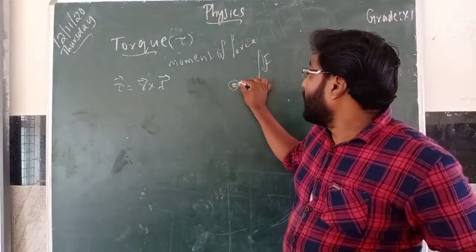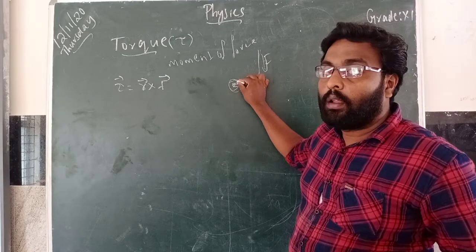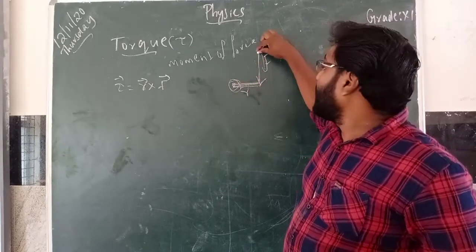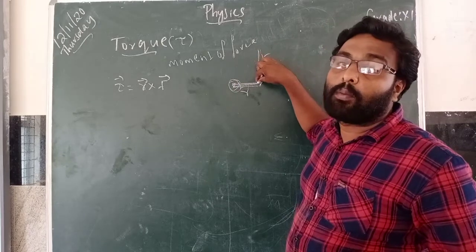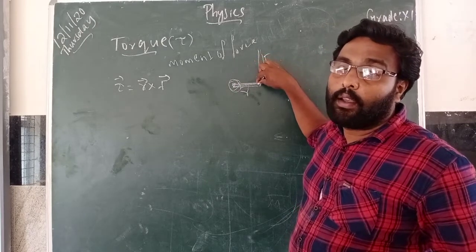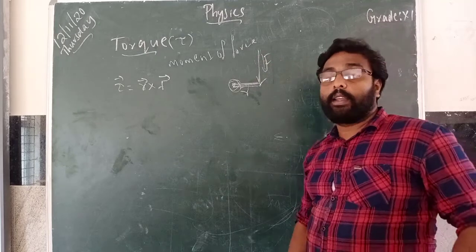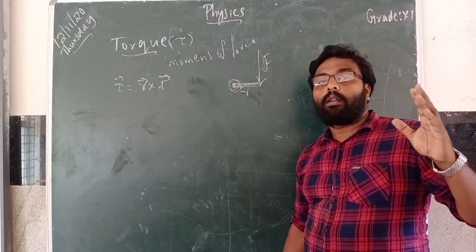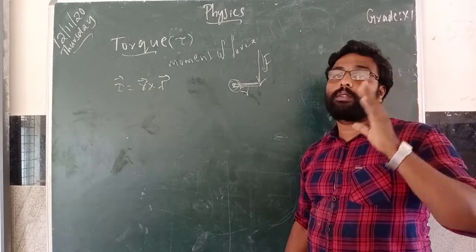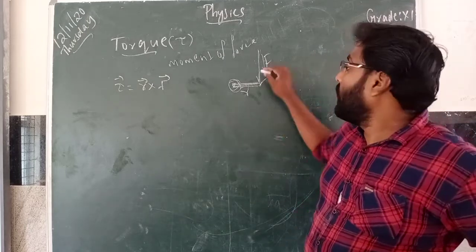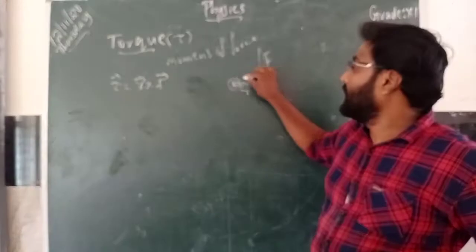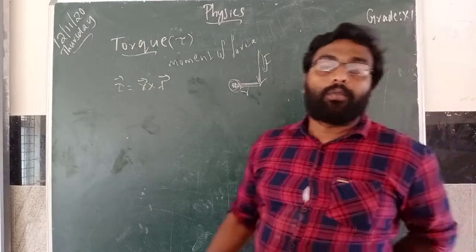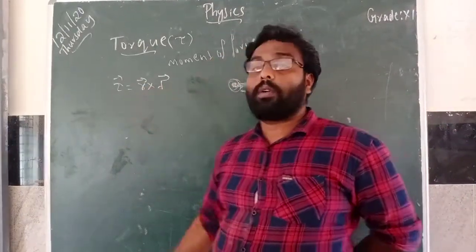To tighten this nut, I use a spanner and apply a force. That is what we call a moment of force. Torque is defined as the moment of applied force about any point or axis. About this point I am applying the force. So torque is equal to R cross F.